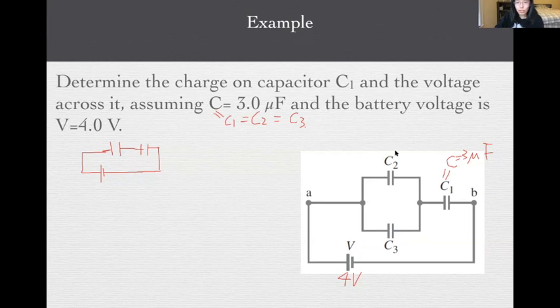Because each of them has a capacitance of 3 microfarad, the effective capacitance will be the sum of them. So it's going to be 6 microfarad. This will be 3 microfarad. This is 4V. So I simplify them first.